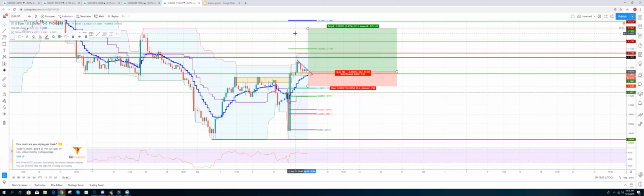Now Intel: bullish continuation. Bullish continuation pattern at key support.